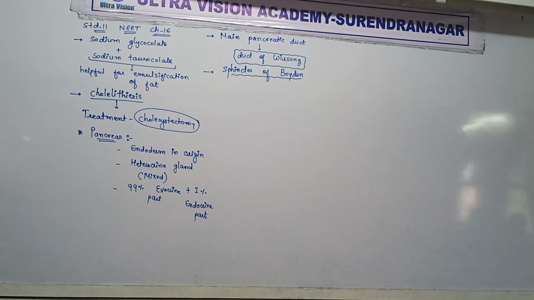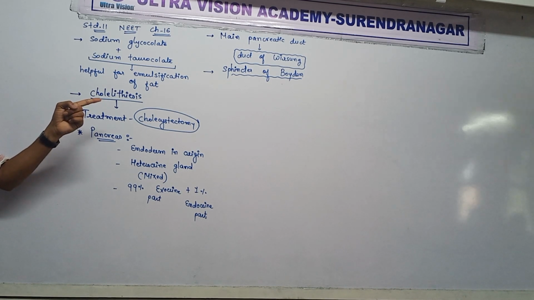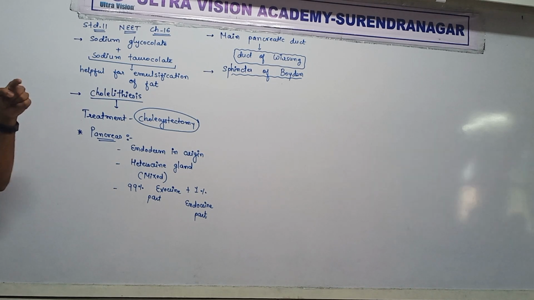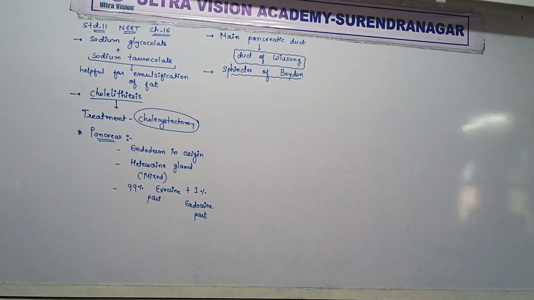That sphincter is known as the sphincter of Boyden. But the common bile duct and pancreatic duct both are joined together and form the hepatopancreatic duct, opening to the duodenum with the help of the sphincter of Oddi. So please remember that the sphincter of Oddi is different and the sphincter of Boyden is also different.